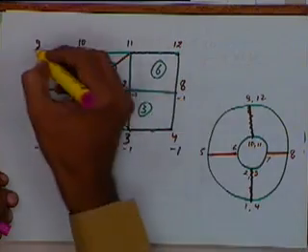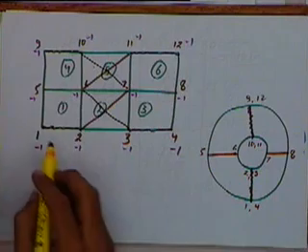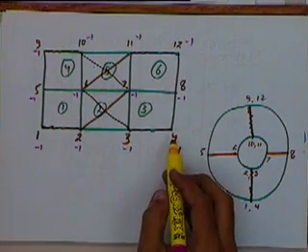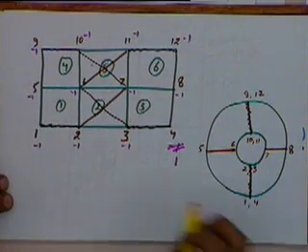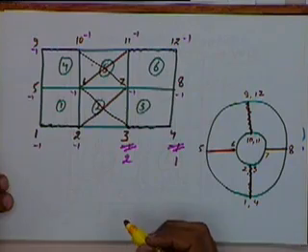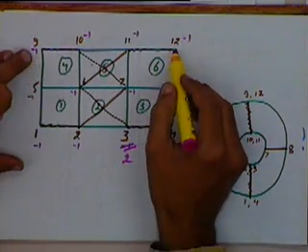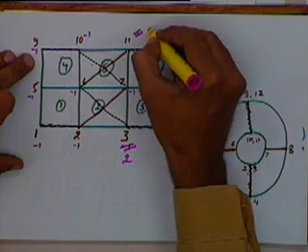Initially everything is -1. Okay, 1 is to be merged with 4, so this will be changed to 1. 3 is to be merged with 2, so this will be changed to 2. Okay, and here 12 is to be merged with 9, so this will be changed to 9 and this will be changed to 10.